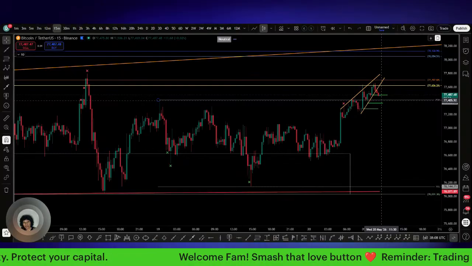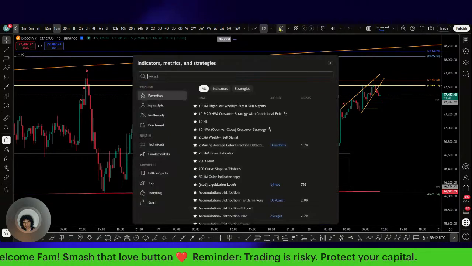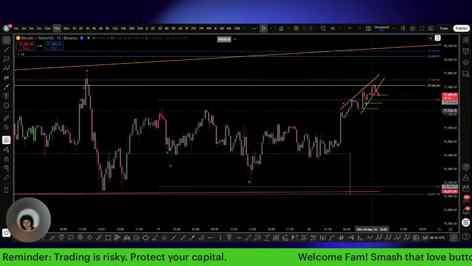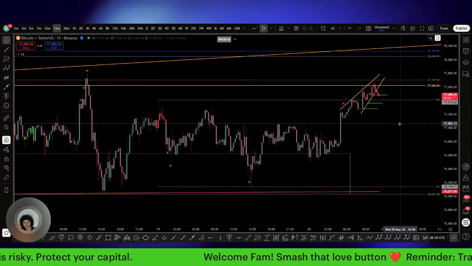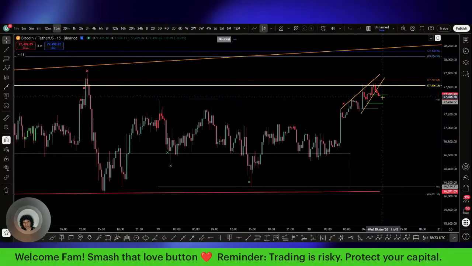Because I think we was looking at another squeeze possibly forming right in here, but I don't want to keep putting this thing on and taking it off. Yeah, I do have a squeeze right here. Bearish squeeze.